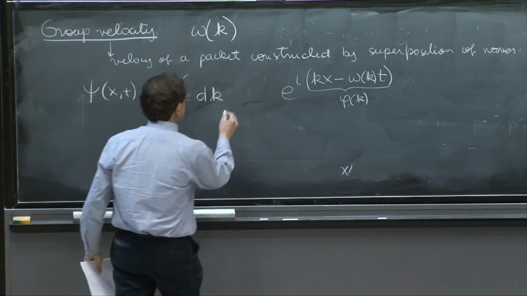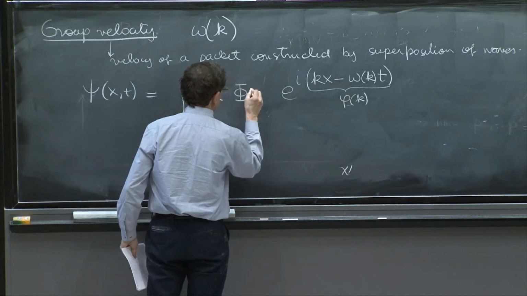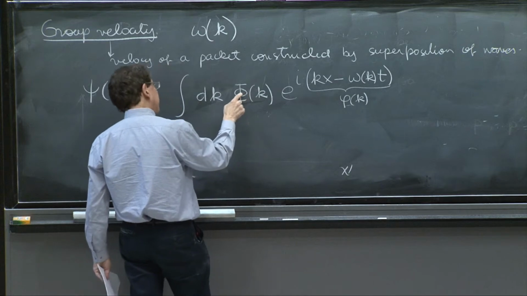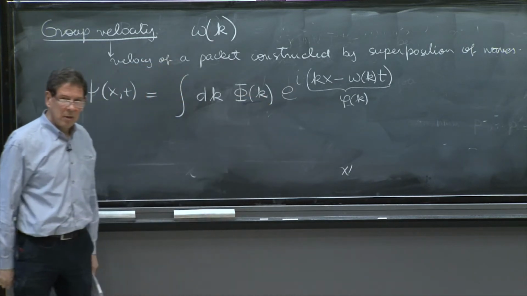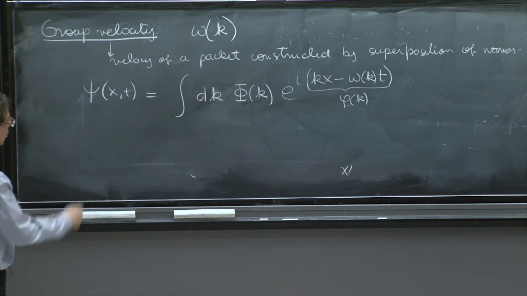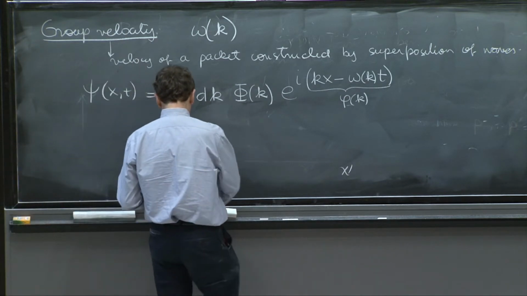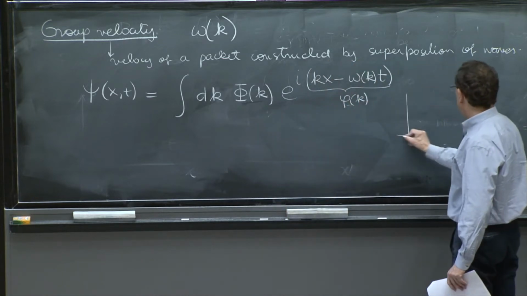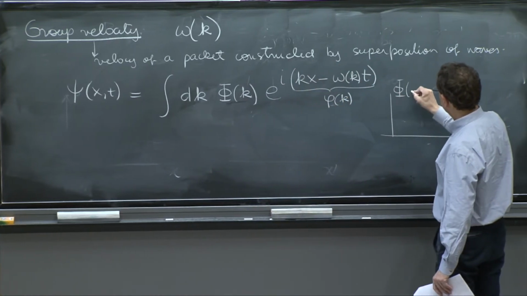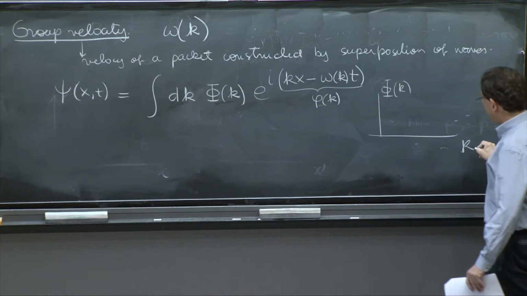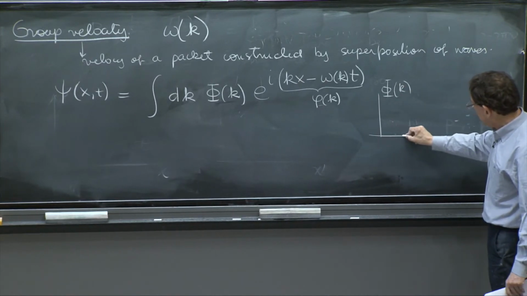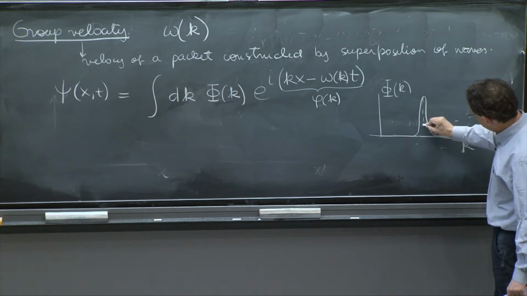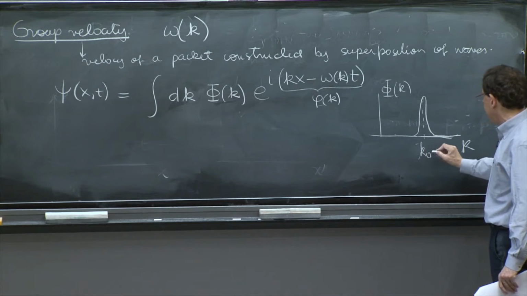So what does it mean? It means that there's a function, phi of k here. And for different k's, this function may have different values. Indeed, the whole assumption of this construction is based on the statement that phi of k peaks. So phi of k as a function of k is 0 almost everywhere except a little bump around some value that we'll call k naught.